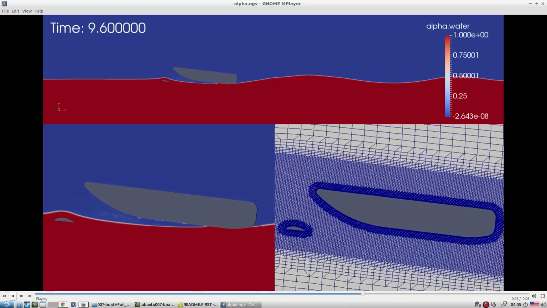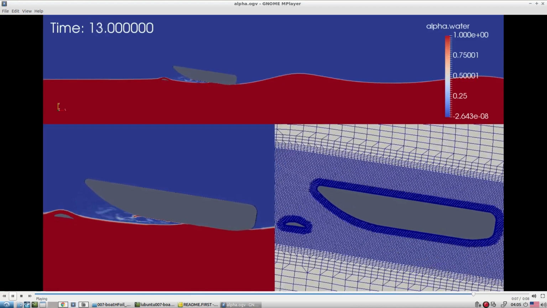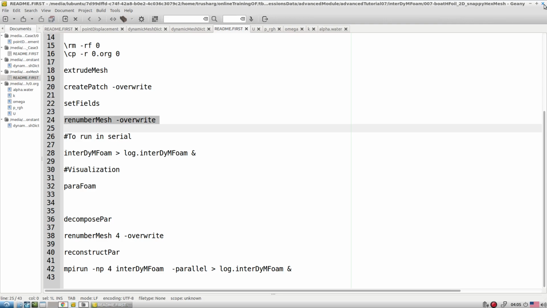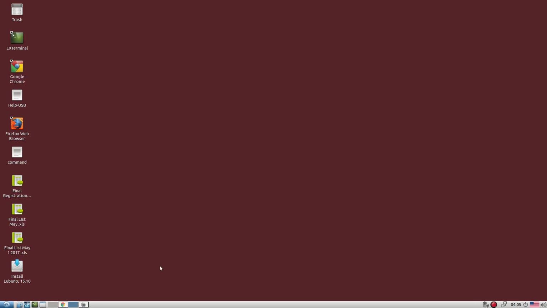So this is how one can simulate different classes of test cases for the interFoam class of solvers. I suggest please go through our different classes of tutorials and get an idea about the multi-phase setting. We didn't go into a very detailed aspect of each and every term, but our idea is just to give you a glimpse that OpenFOAM is capable enough to take into account the multi-phase class of calculations.